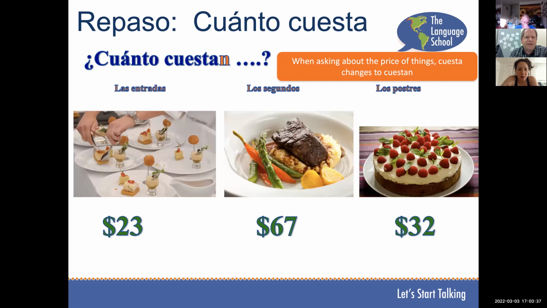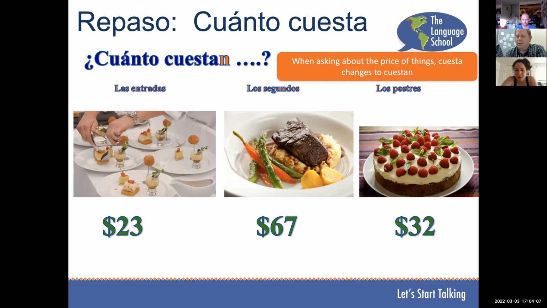Las entradas cuestan $23. ¿Cuánto cuestan los segundos? Los segundos cuestan $6 y $7.